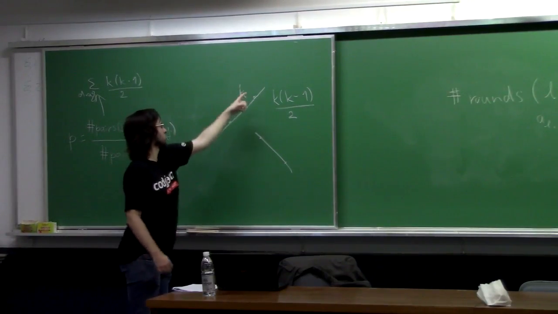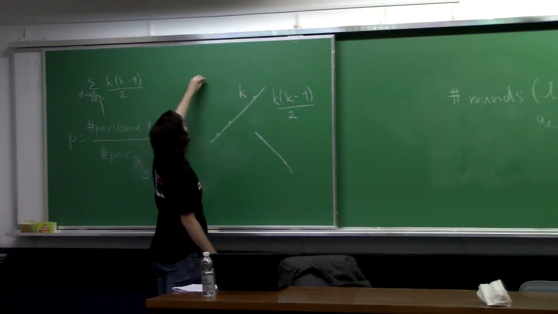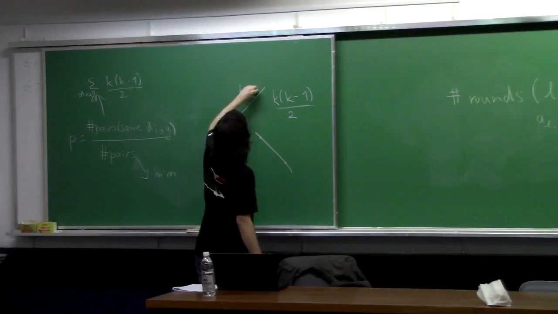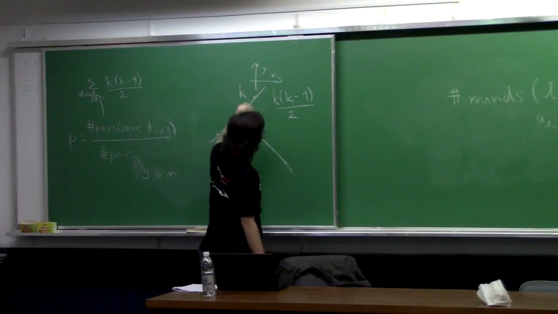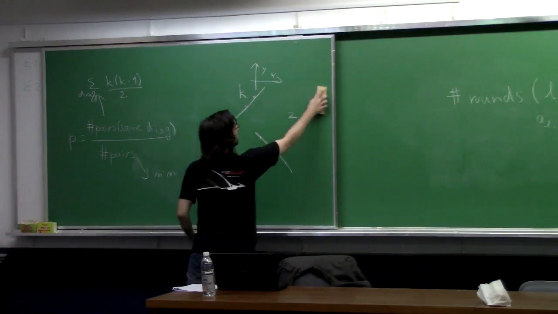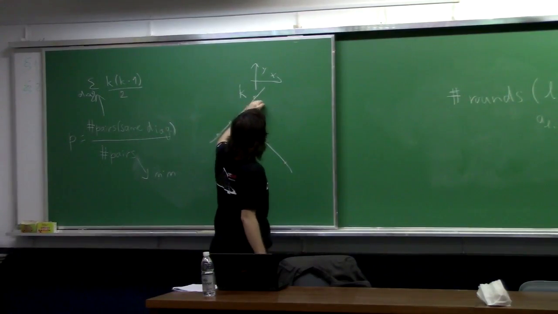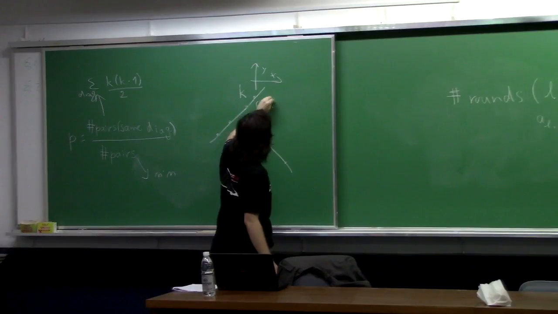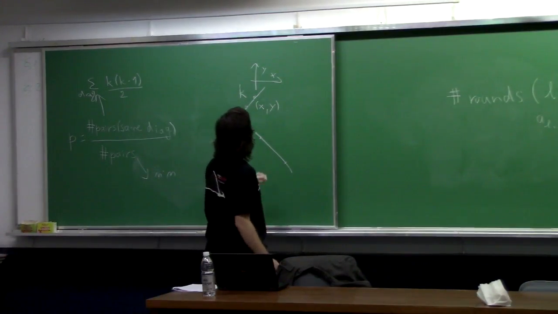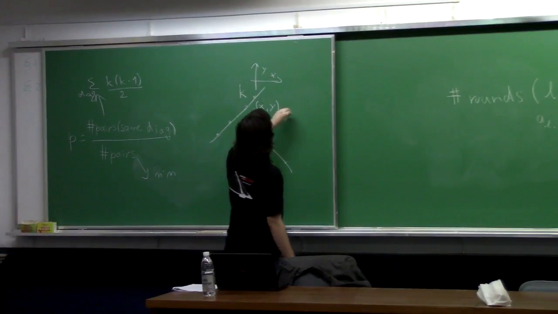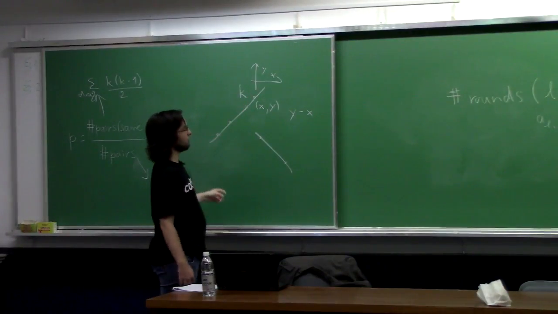The diagonal on which the points appear is given by: if this is the y coordinate and this is the x coordinate, and this is a point xy, then all the points on this diagonal will have y minus x equal to some constant, the same for all those points.